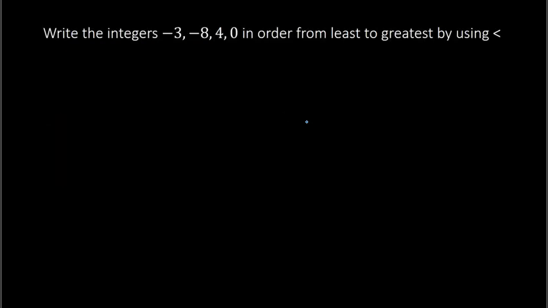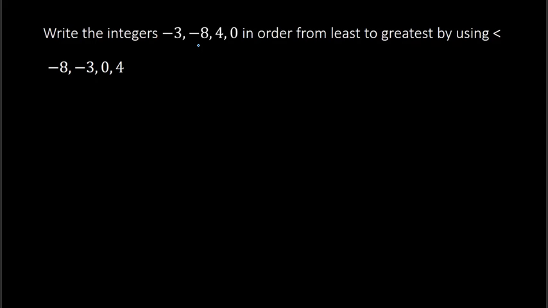Lastly, if we have multiple numbers and we want to compare these using inequality symbols, how would you do that? The instructions are here. It says write in order from least to greatest by using this less than symbol. The smallest number would be -8, and then -3 is the next biggest, and then 0, and then 4.